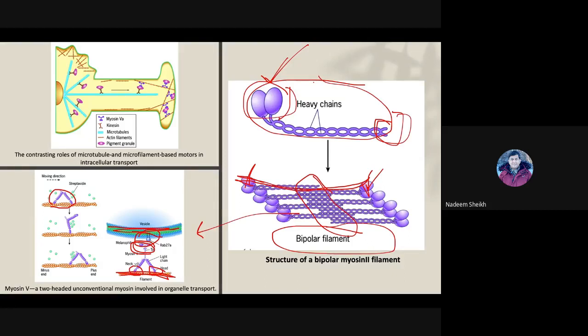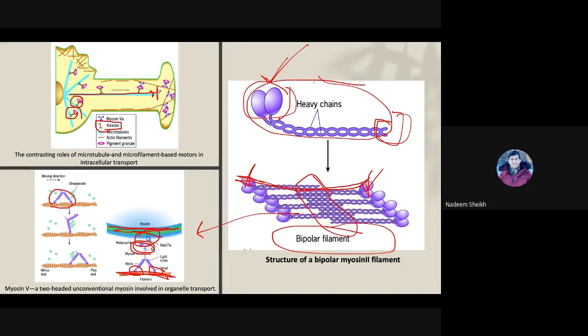So the function of this myosin filament is similar to that which we studied while studying the microtubule. In the microtubule, the kinesin protein is responsible to walk along the microtubule. The microtubule diameter is 25 nanometer.